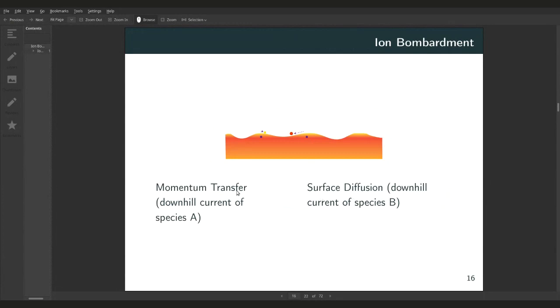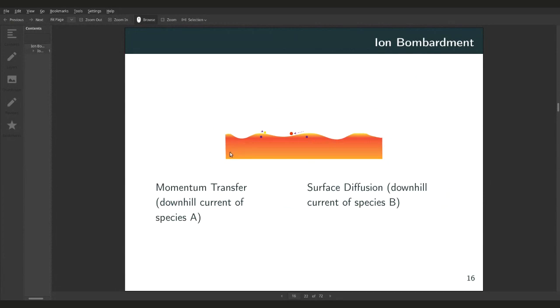We also have several different things happening on the surface here. Again, momentum transfer. Because we have two different species, there's going to be a downhill current, but one species is probably going to, just because of atomic characteristics, end up flowing more easily due to the transfer of momentum from the ion.